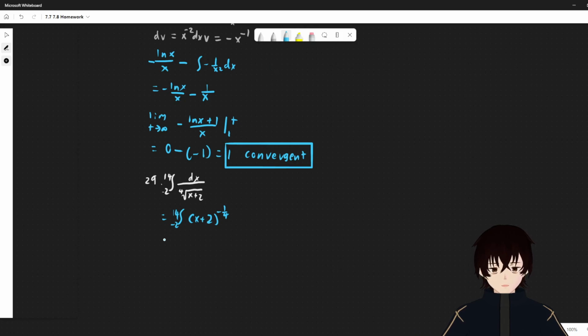It seems like we would need the limit as t approaches -2 from the right of the integral from t to 14 of (x+2)^(-1/4) dx. All right, dx. Never forget the dx.